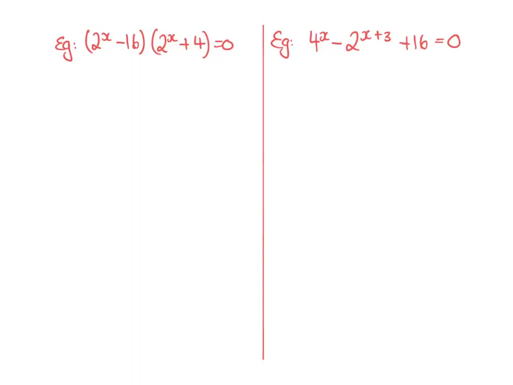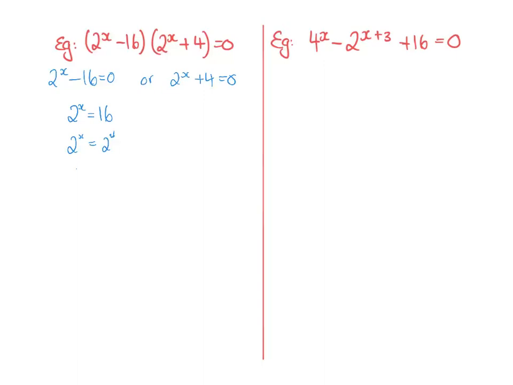Okay, with this one, because it's already factorized and it equals 0, we can use the null factor law: 2 to the power of x minus 16 equals 0 or 2 to the power of x plus 4 equals 0. So then we can go about solving the same. I could write 2 to the power of x equals 16, match the bases, that would be 2 to the power of 4.